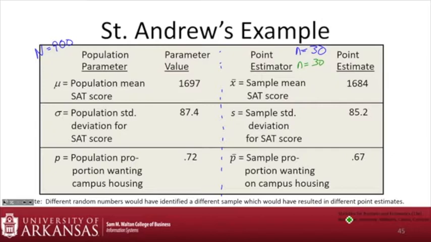Well, that time my point estimate was 1689, and the standard deviation was 88.3, and the proportion was... what's the difference? 0.7. Now, whose data do I take? Do I take the first, or do I take the second into my meeting?